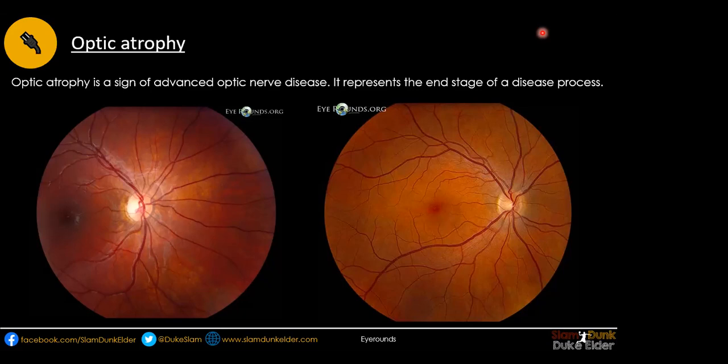Secondary optic atrophy occurs when you've got swelling of the disc head before the atrophy occurs. So that would be things like chronic papilloedema. So an optic disc that's been swollen for a long, long time, and then the nerve fibers die and you get optic atrophy. Other causes, which we'll talk about in a second, include ischemic optic neuropathy.